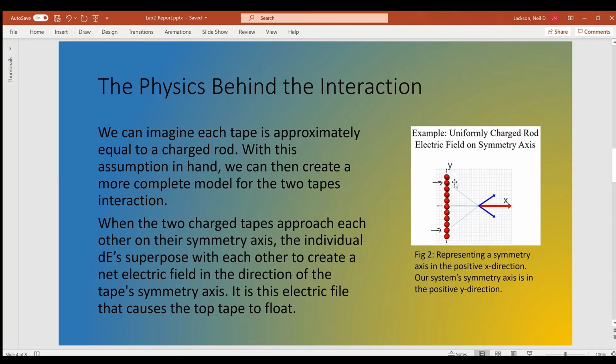And by summing together each electric field of the point charge, we're able to get an idea of what the electric field looks like. By breaking those little pieces of point charges down to infinitesimally small pieces and integrating over the length of the rod or tape in this case, we're able to get a beautiful view of the net electric field of one of these pieces of tape. And that's really what we're doing with the lab.